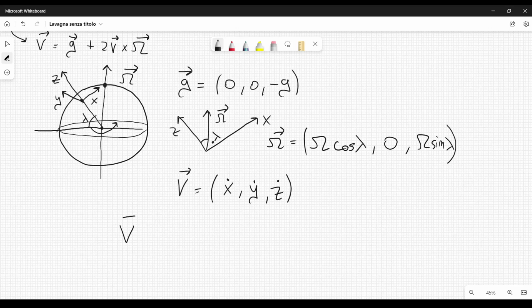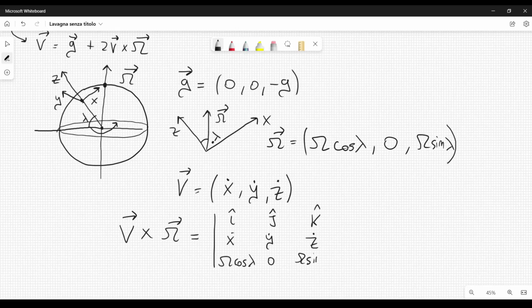We can calculate v cross omega, which is the cross product that appears in the equation of motion, by using a determinant: i, j, k, x dot, y dot, z dot, and here we have omega cos lambda, 0, omega sine lambda.